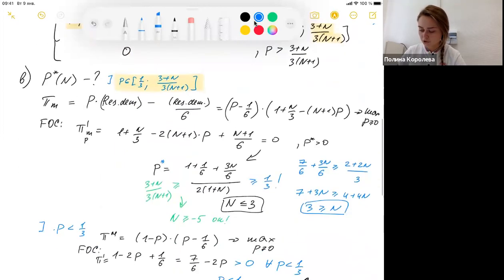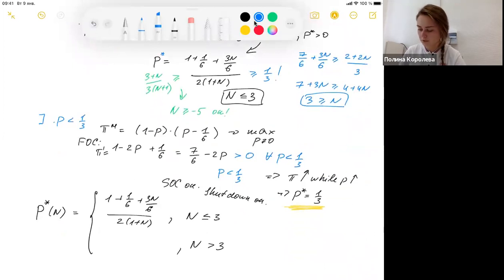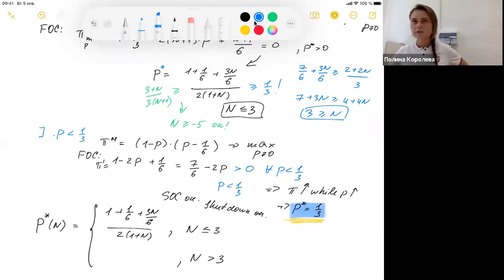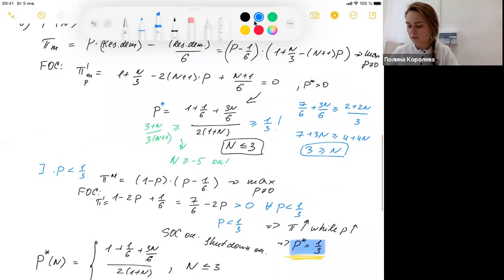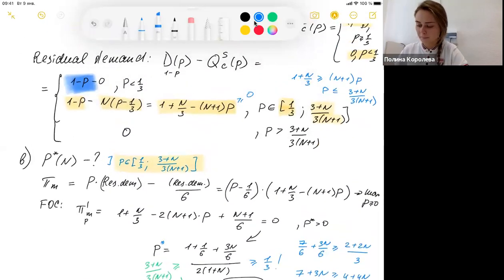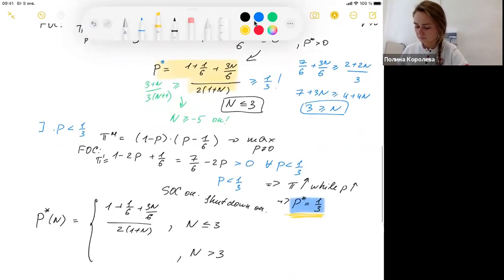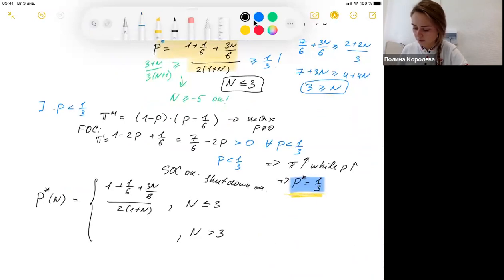So monopoly charges without competitive firms. The best price is 1/3. The firms are in the market, but they do not supply. And when competitive firms supply, we will have such residual demand, and we charge this price. So here will be price 1/3 when competitive firms do not supply in the market.